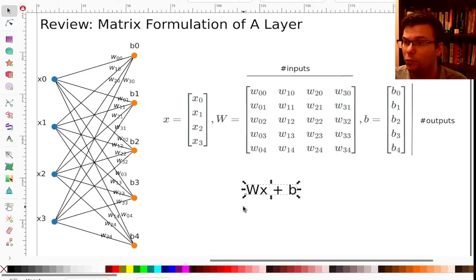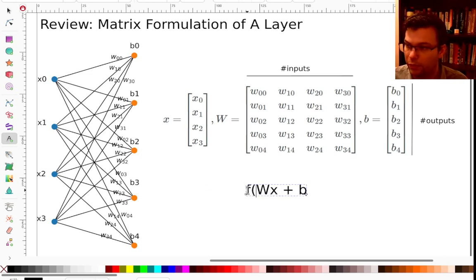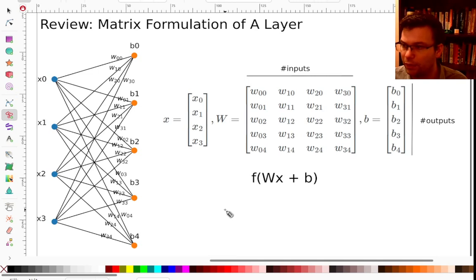And then we're actually going to apply an element-wise nonlinearity. So this could be like the logistic function or the leaky ReLU or something else, tanh. There's a bunch of options. So this is going to be our nonlinear function, which is going to be applied element-wise.